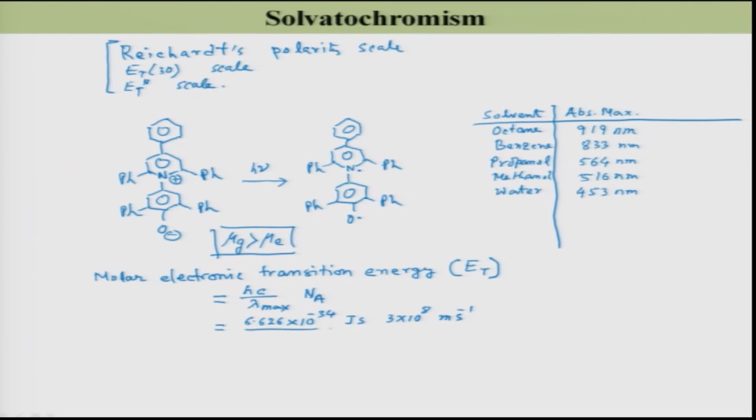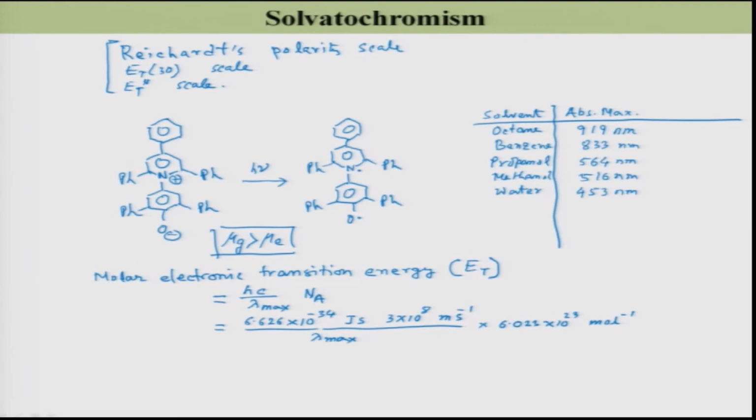Lambda max is in meter, and then the Avogadro number is 6.023 times 10 to the power 23 per mole. If we solve this, you see the second and inverse second cancel out, so this is going to be joule, and lambda max is in meter.